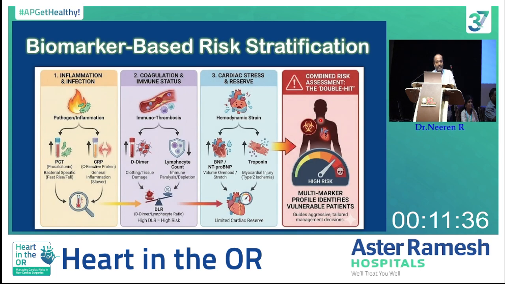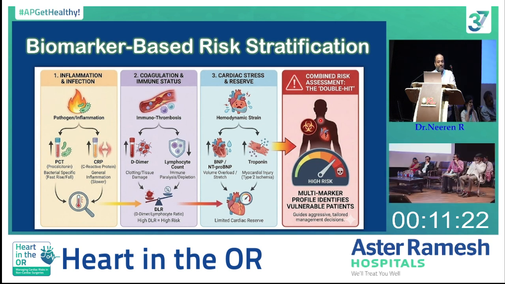We also have some biomarkers that are now available that can help us in stratifying the risk in these patients. We have procalcitonin and CRP, which are included in some of the risk models. We also talked about D-dimer and neutrophil-lymphocyte ratio as a marker of immune status in the perioperative period, and also the cardiac reserve using troponin and proBNP. All this combined with clinical factors can give us a multimodal risk stratification.